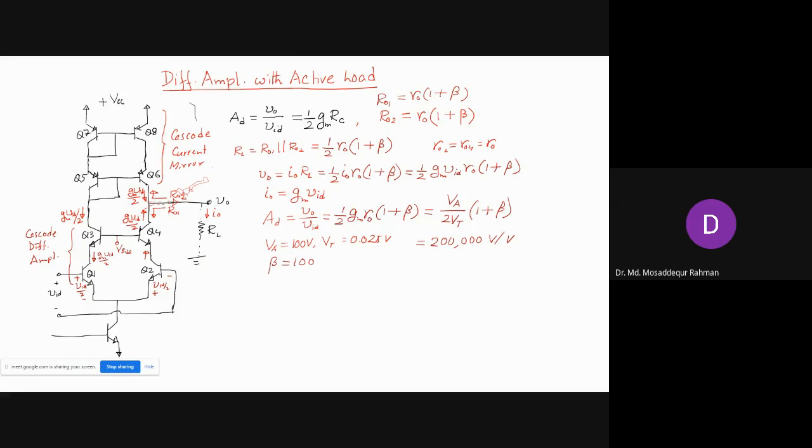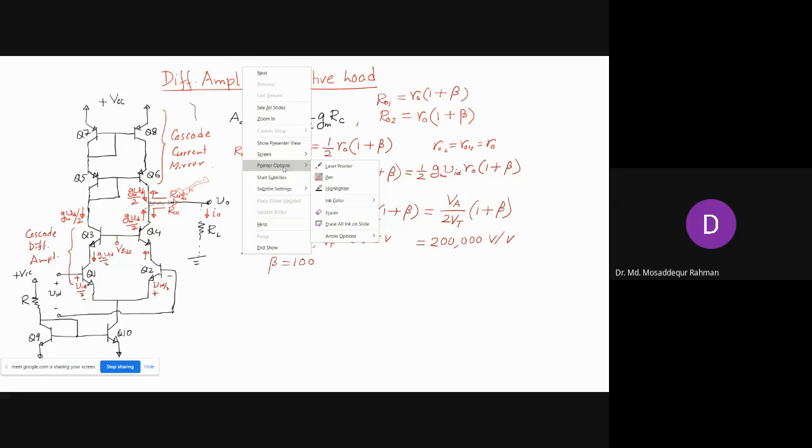And so this goes to plus VCC, and this is our R, and that will be our minus V. Yeah, Q9, Q10. So here now, okay.